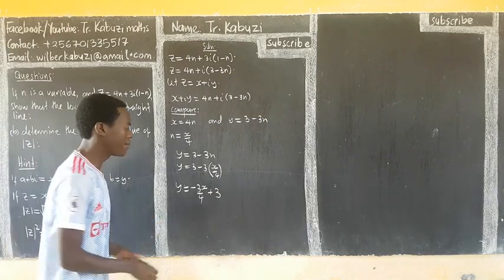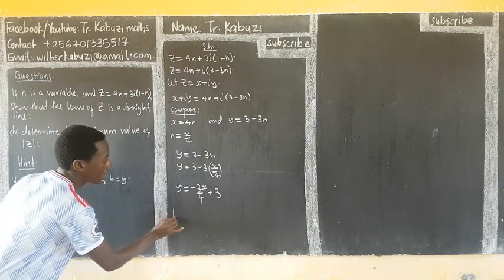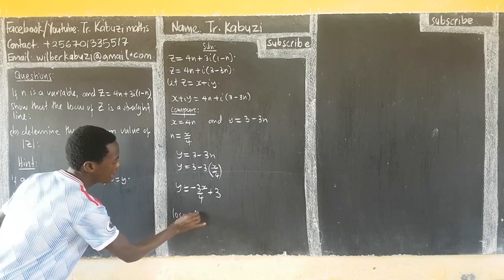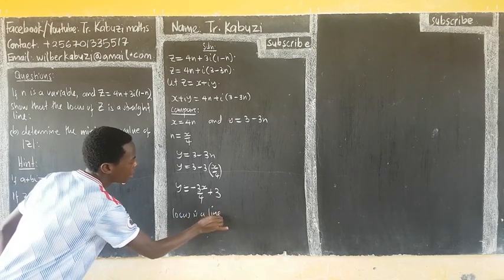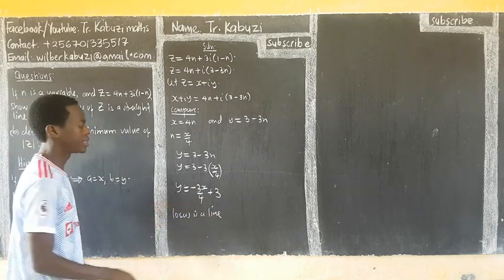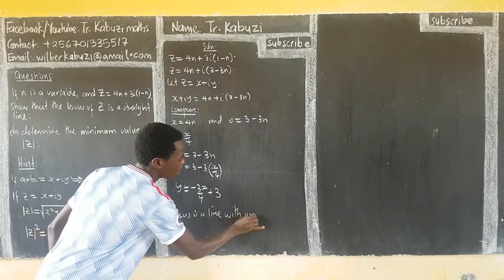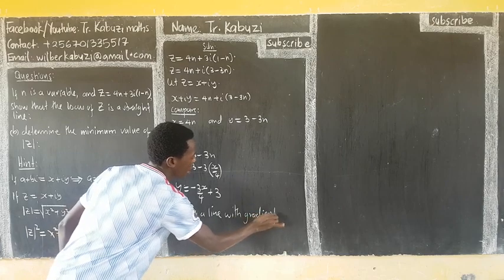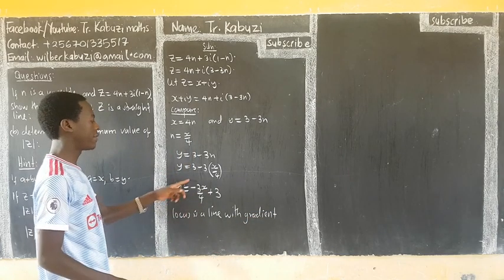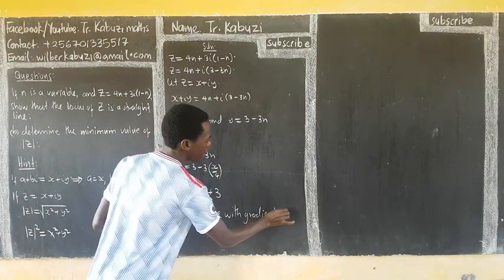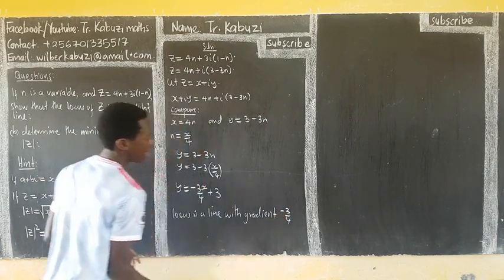You can say the locus is a line. Now we determine the gradient. This is giving us the gradient, negative 3 over 4.